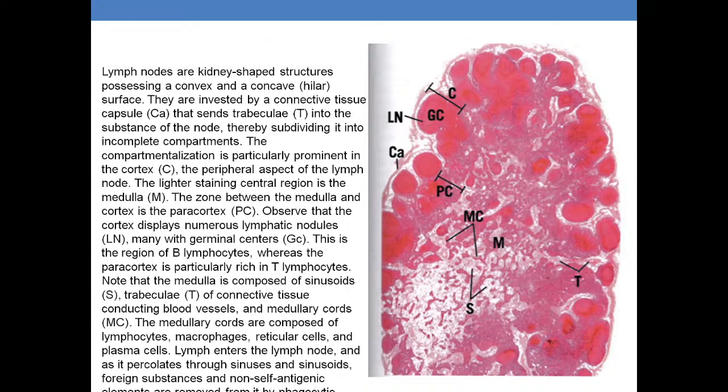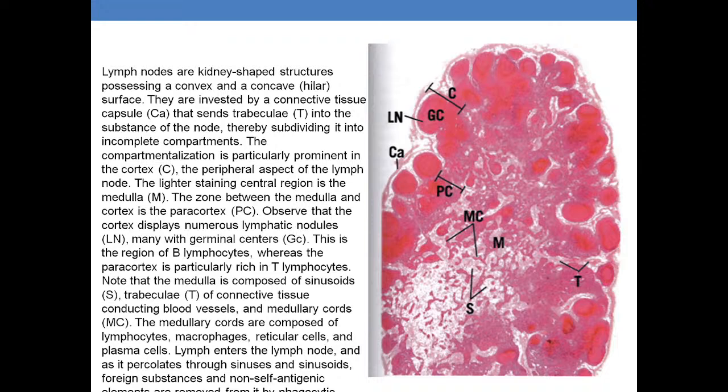The zone between the medulla and cortex is the paracortex. Observe that the cortex displays numerous lymphatic nodules, many with germinal centers. This is the region of B lymphocytes, whereas the paracortex is particularly rich in T lymphocytes.